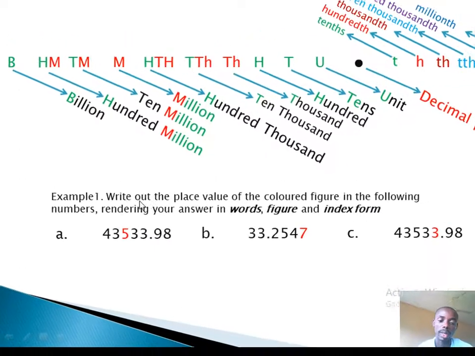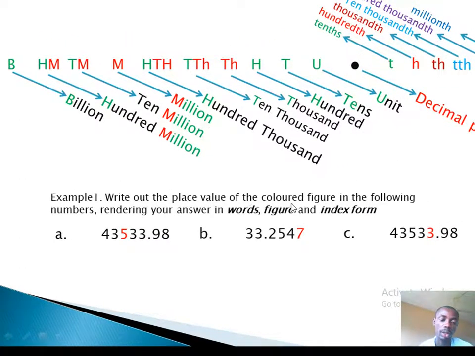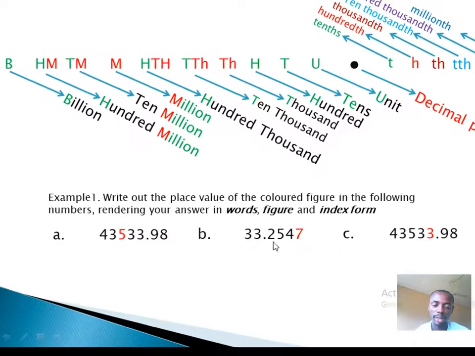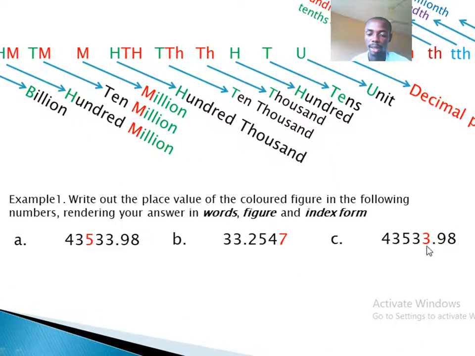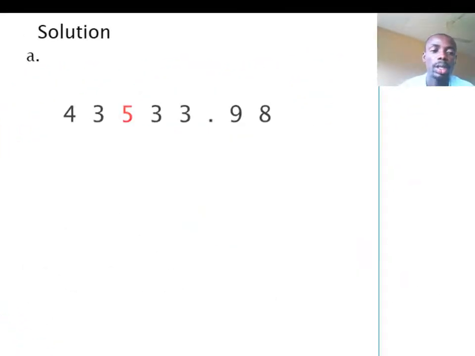Now we are to write out the place value of the colored figures 5, 7, and 3. In the 3 examples, we are to write out the place value of the colored figures, rendering our answer in words, figures, and index form. Alright, let's approach this. So we have 43,533.98.